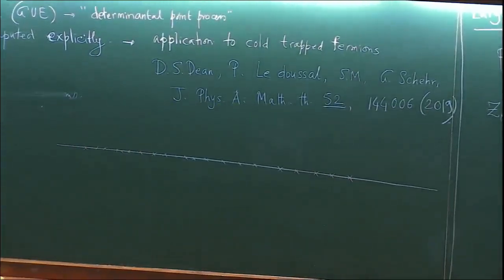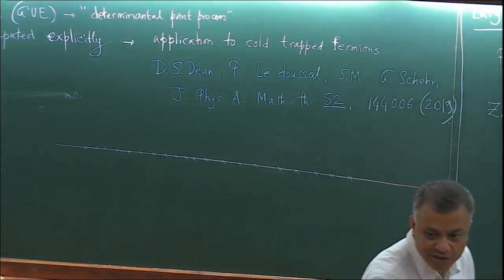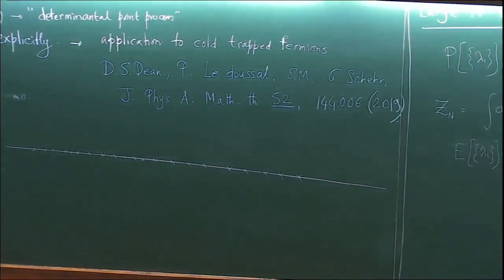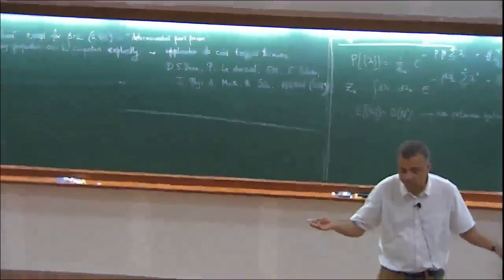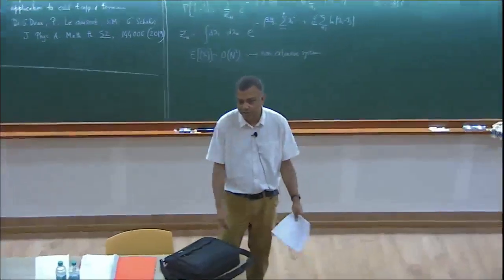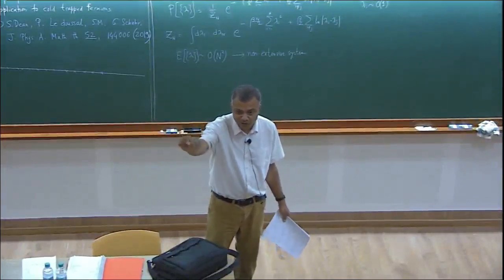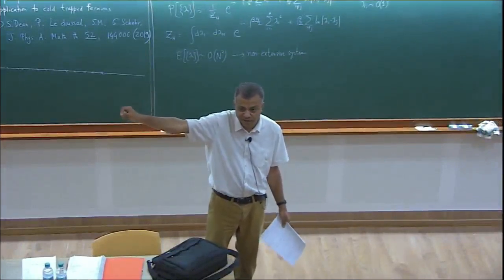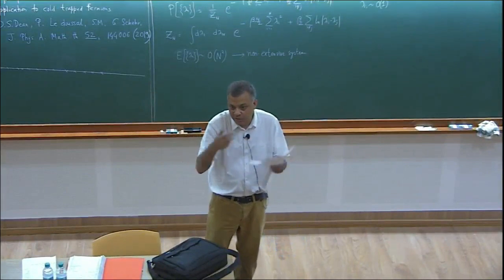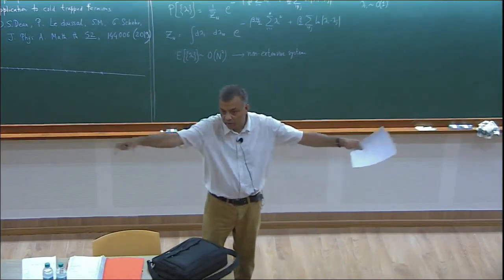So the idea when you want to go to the continuum limit, like you always do, if you have a large number of points, what's a good description? Instead of saying this point is here, this point is there, how do you actually describe a system? For example, water. If you have a liquid, you're not going to say that molecule number 1 is at this point, molecule number 2 is at that point. You describe it in terms of some local density, which may vary from one point to another.